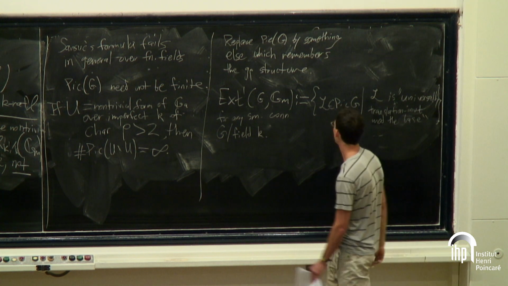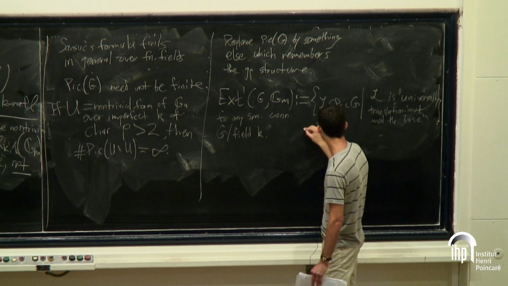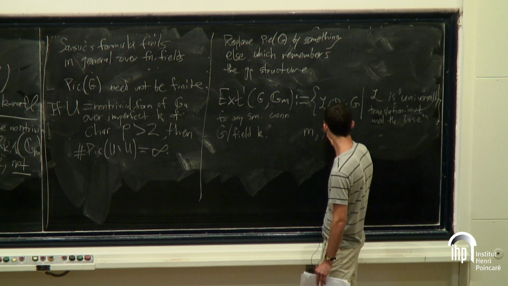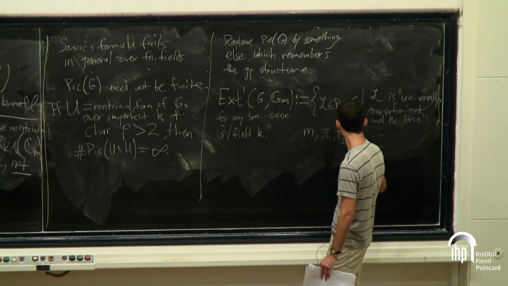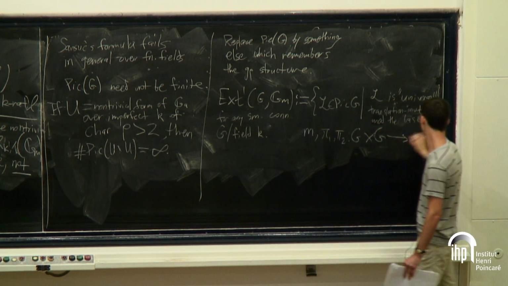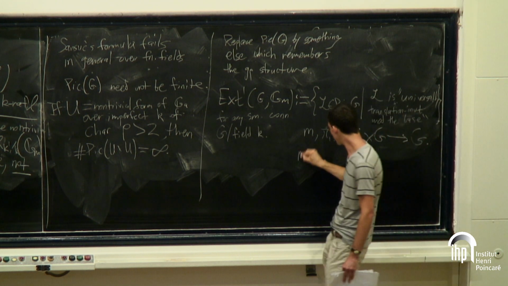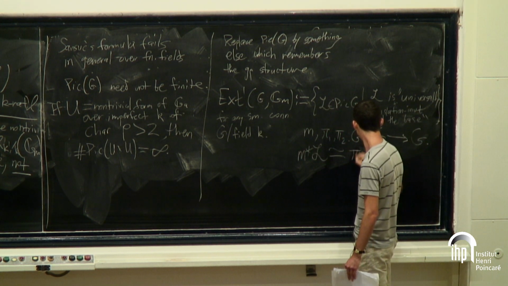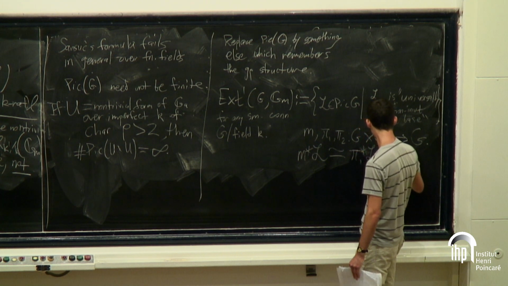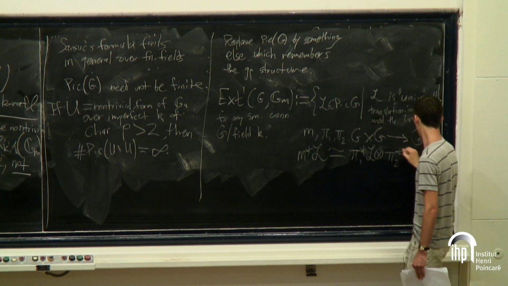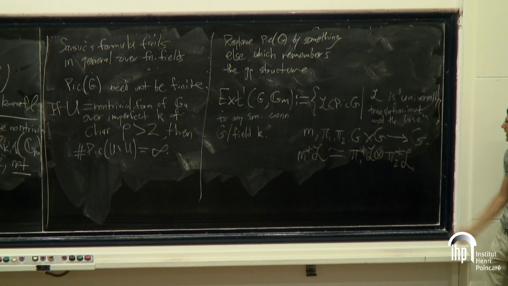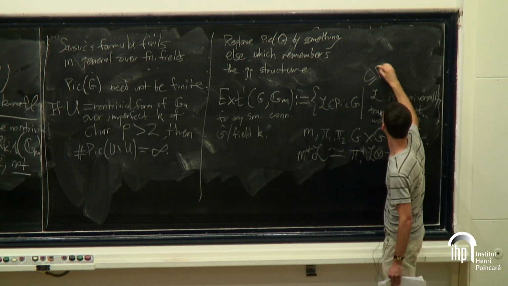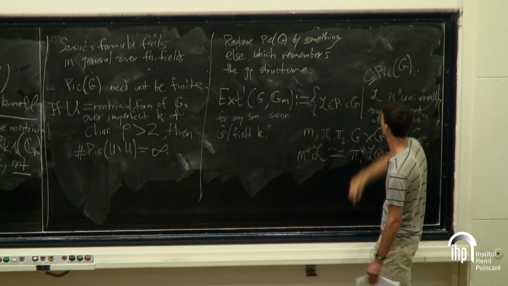Another way of saying this is if you have the multiplication map m and the 2 projection maps, pi_1 and pi_2, from G cross G to G, then m star of L, so you pull back under multiplication, should be isomorphic to the tensor product of the 2 pullbacks. So that's X, and that's, of course, a subgroup of the Picard group of G.